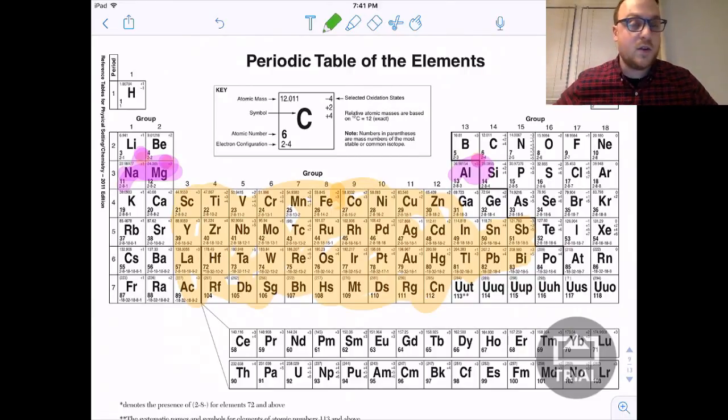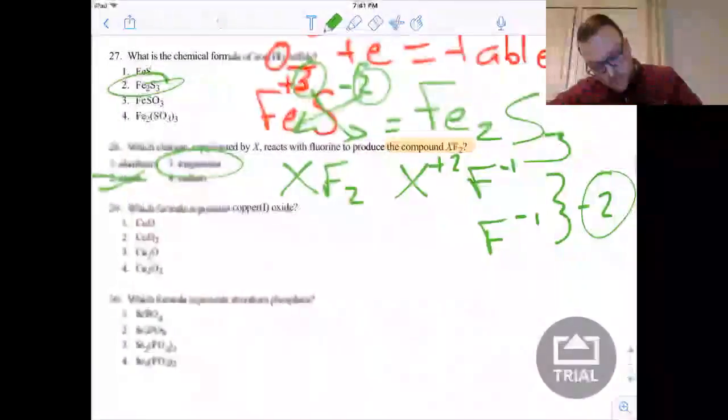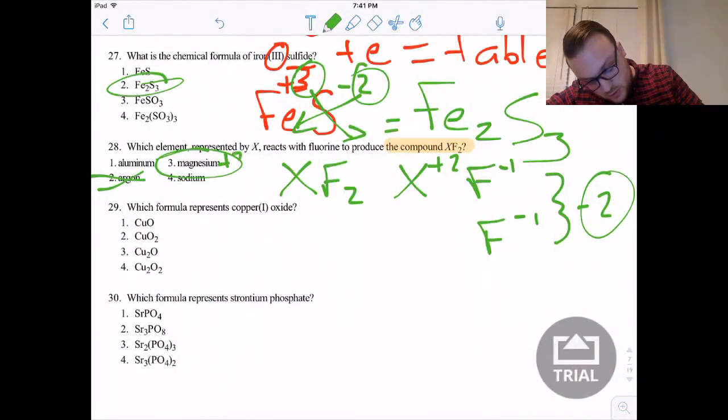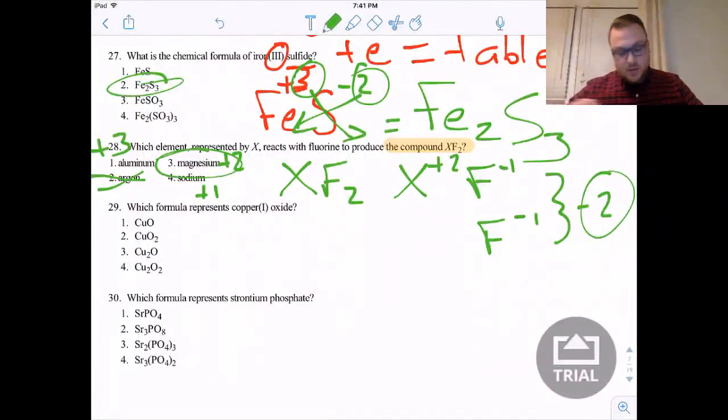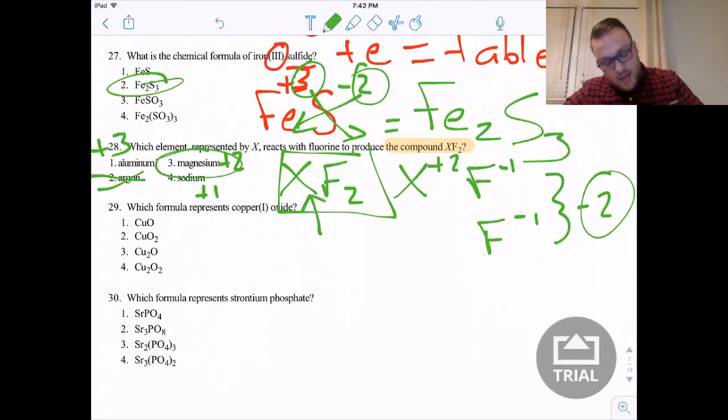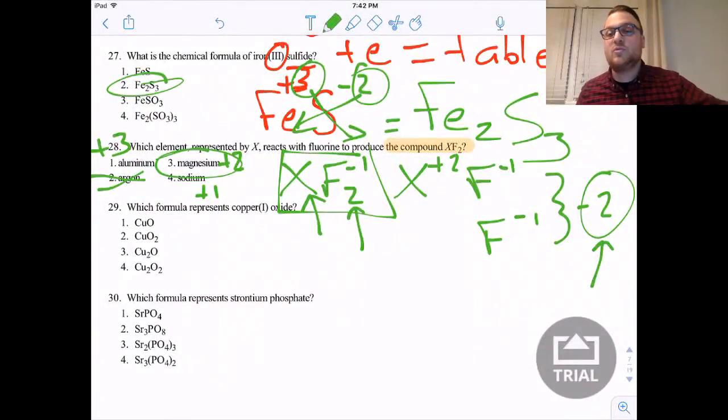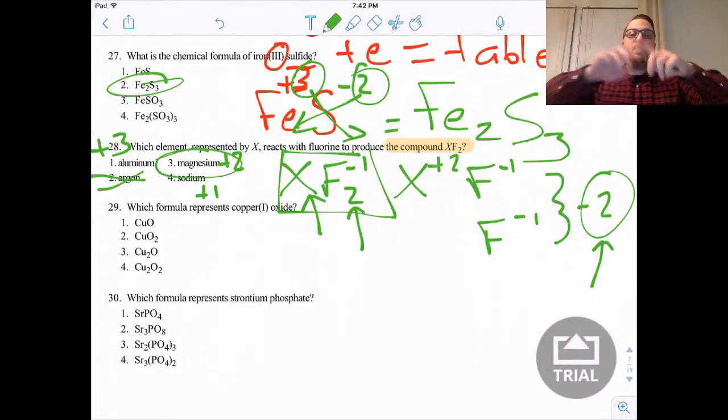So I'm going to go back, write magnesium's +2, sodium's +1, aluminum's +3, and I'm trying to balance this equation here where my X I have 1 of, and my fluorines there's 2 of. Well, if there's 2 fluorines, and you know 1 fluorine's -1, again, I'm trying to cancel out that -2. Magnesium is +2. Boom, cancel, done, circle it, get it right, smile, move on.